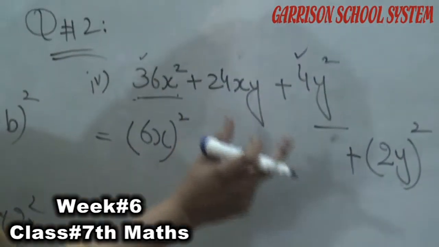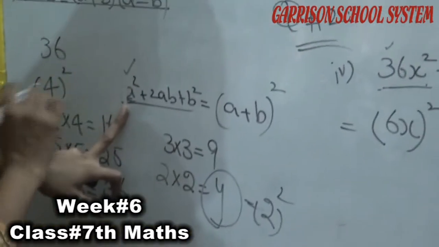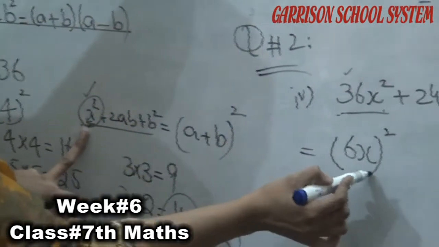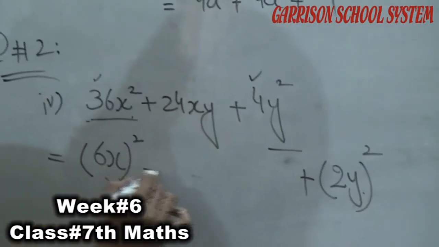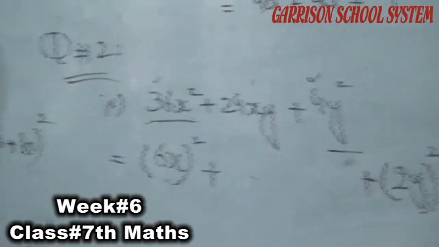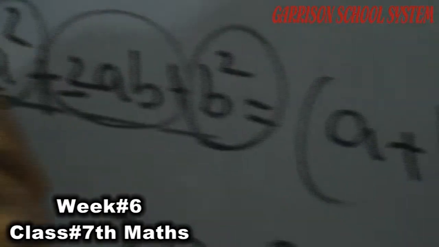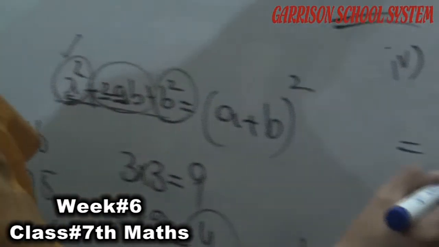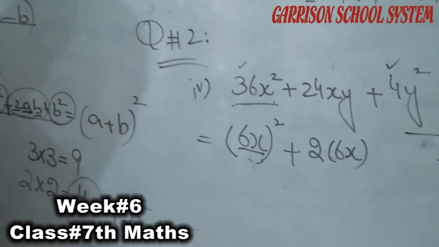Now I have to complete the middle term using the formula. Our first term is the square of 6x square and our last term is the square of 2y square. What will be our middle term? According to the formula we have to write plus 2, then first term a, which is 6x, into b.